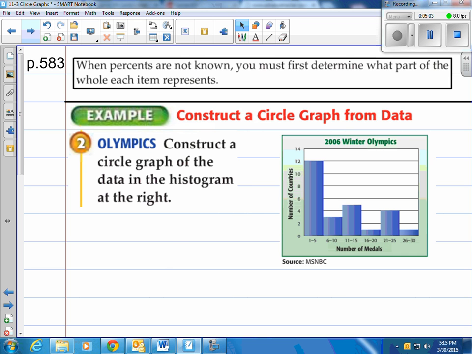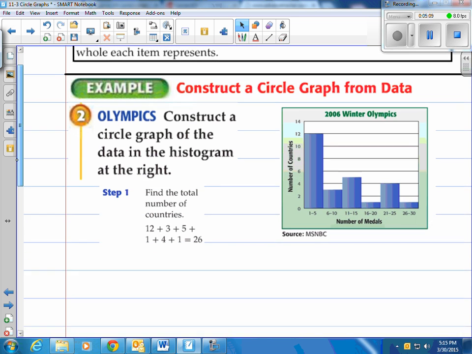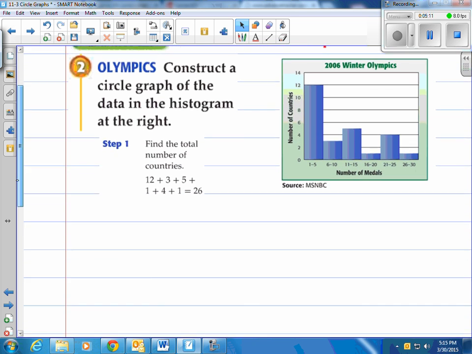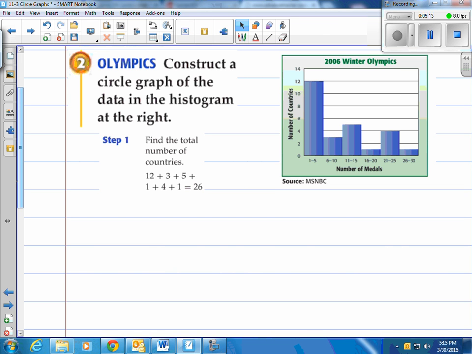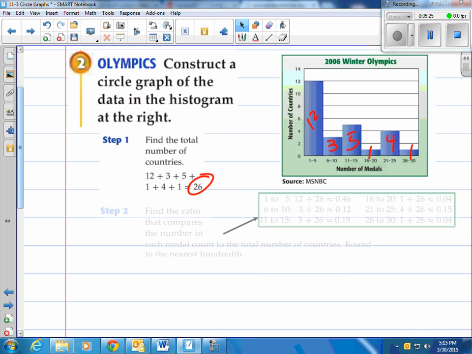How do we change this graph into a circle graph? First off, we need to find out the total of the countries. So when we add up 12 here, plus 3 here, plus 5 here, plus 1 here, plus 4 here, and 1 here, we get 26 different countries.